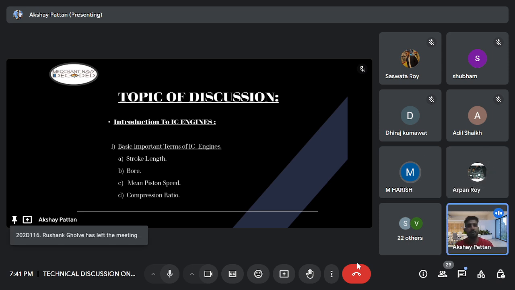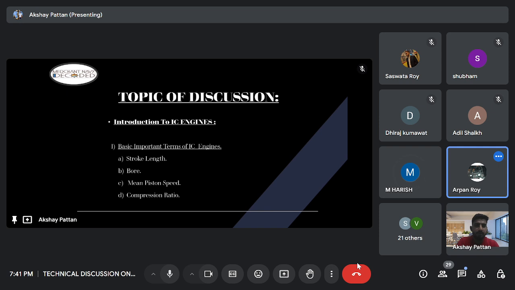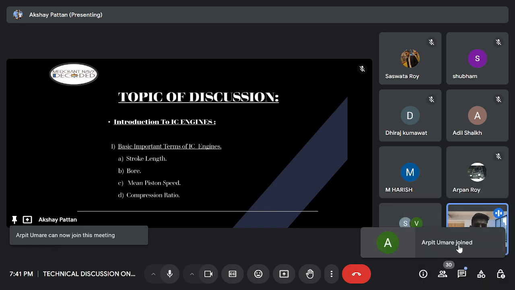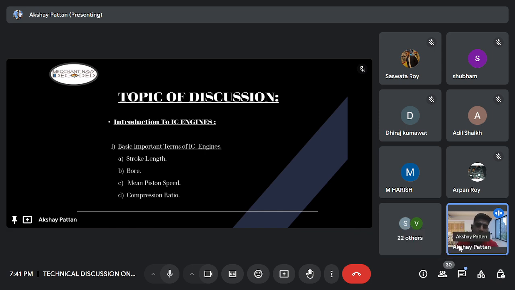Okay, we will discuss the mean piston speed. I have written all the definitions in the next slide, guys. I just want to know what all you know about these topics, so first I ask you, and later on we will discuss those topics in detail. Now, can anyone tell me what you mean by compression ratio?